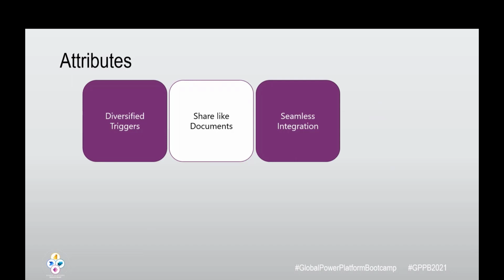Also, the next is the seamless integration. As we have already talked, the integration procedure is very seamless. They have already provided 320 connectors to connect with other services, and we can create other services as well. So the fourth is thousands of actions.